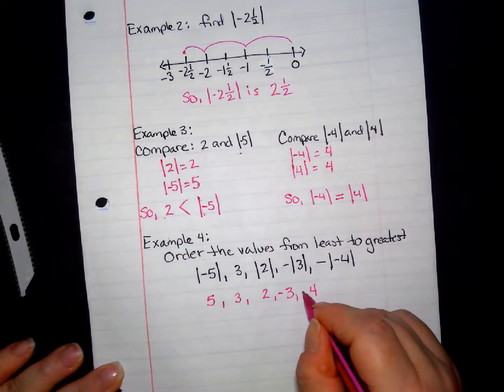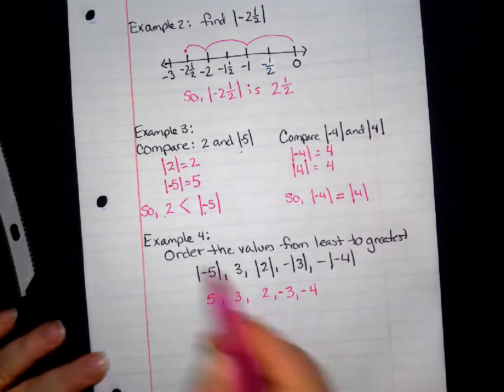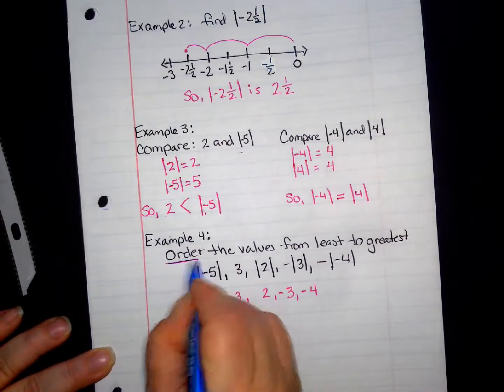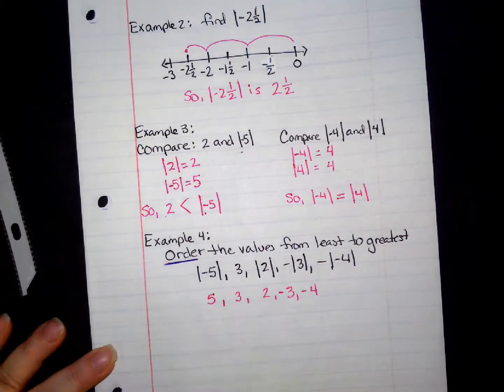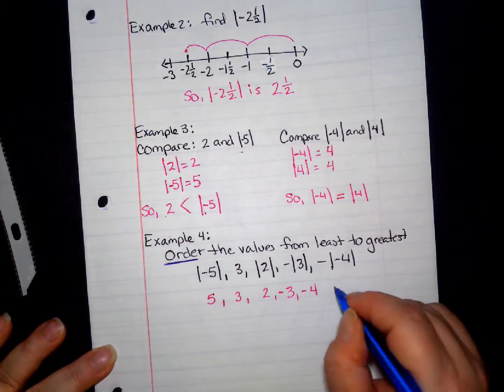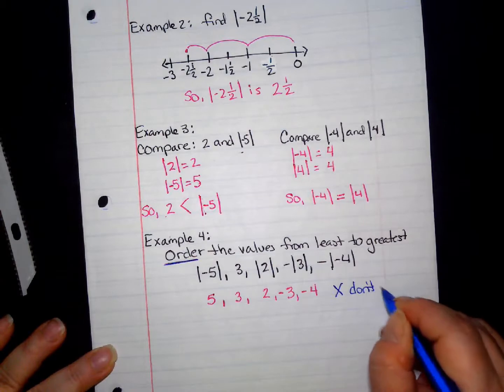Okay, so remember we were supposed to order, right? Order. Let's use some blue. You have to put these in order. But we don't use these. Don't use these to put in order.